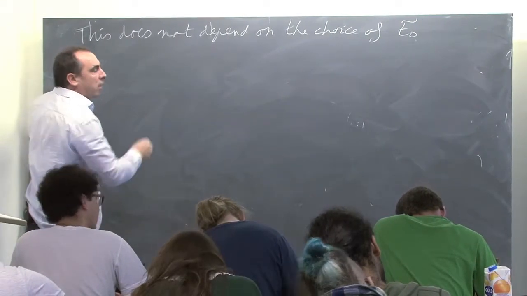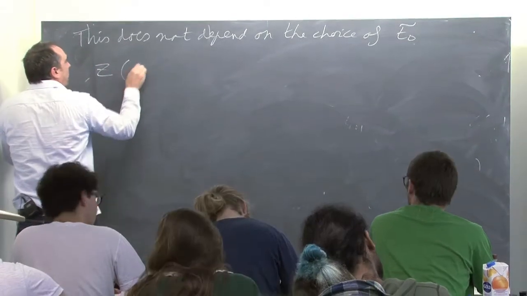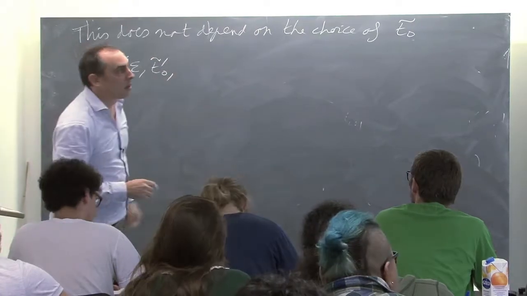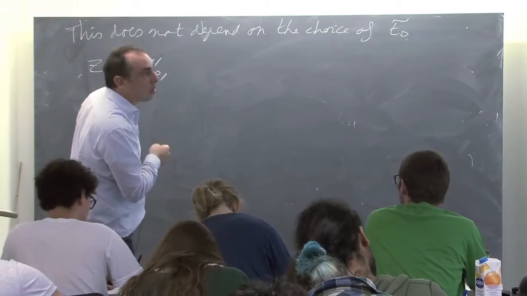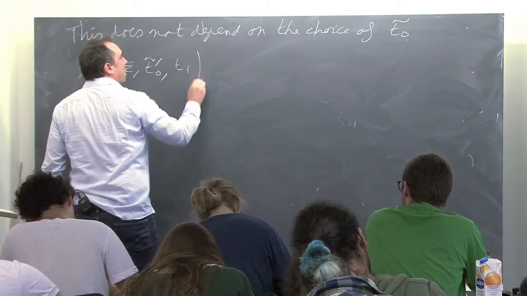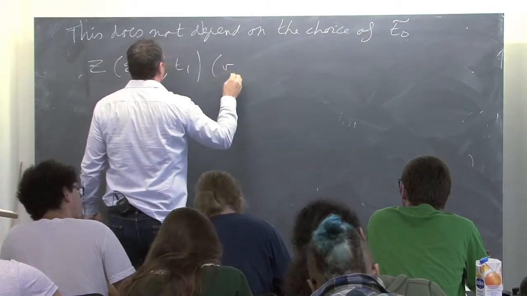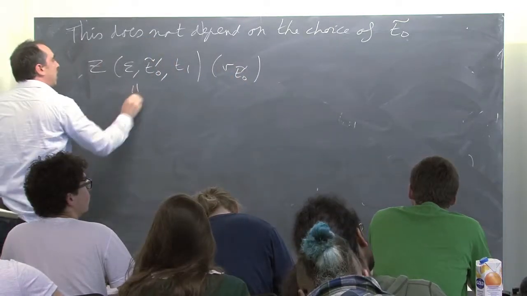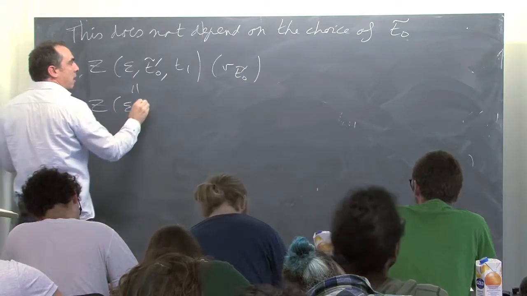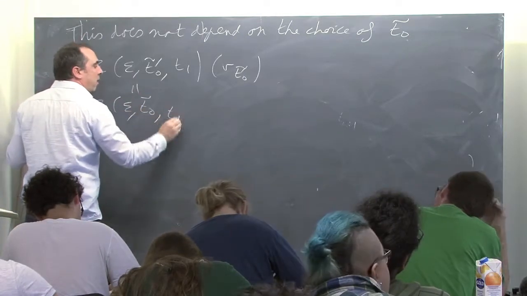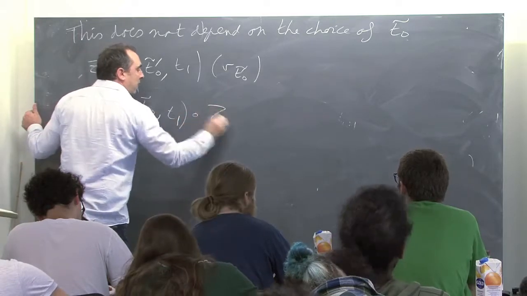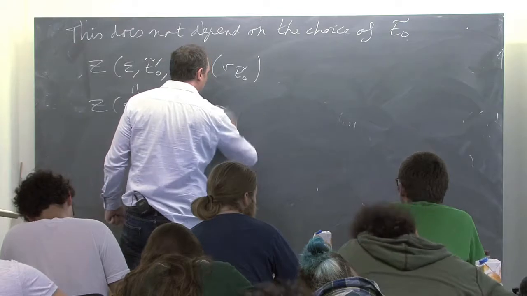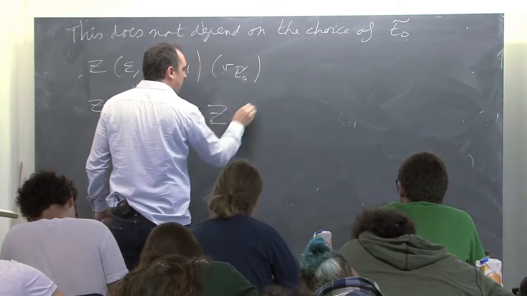Because if I take another one, T0 prime tilde, this is Z of Sigma from T0 tilde to T1 composed with Z of the cylinder.